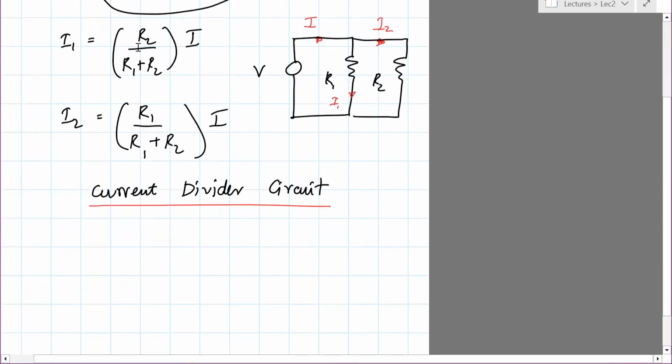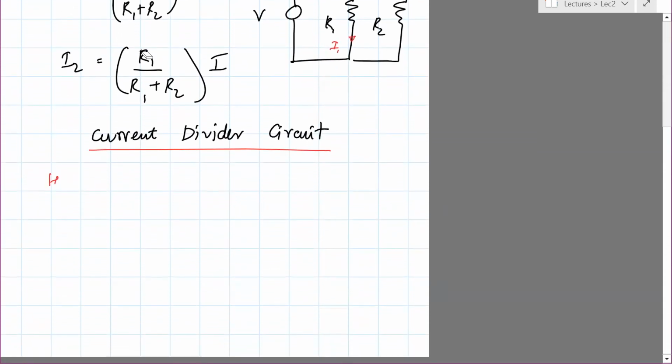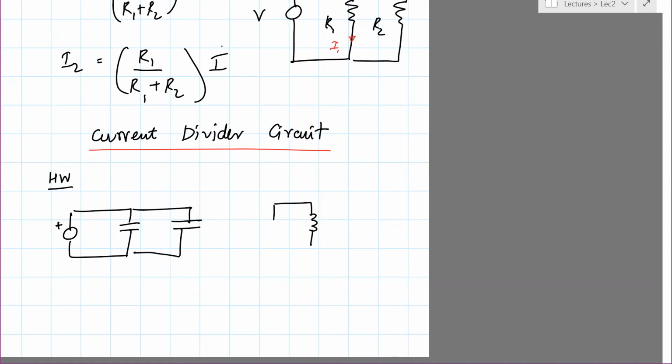Okay, and then for homework, you can try to do this with capacitors and inductors. So what if you have two capacitors in parallel or two inductors in parallel?